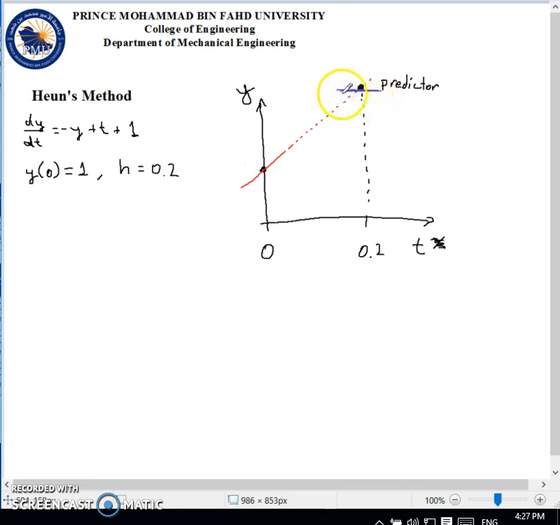The next step is to bring the slope at our initial value, and now instead of extrapolating on the first red slope, we'll find the average, let's say in green, and extrapolate to our next step and find this point that we will call the corrector.